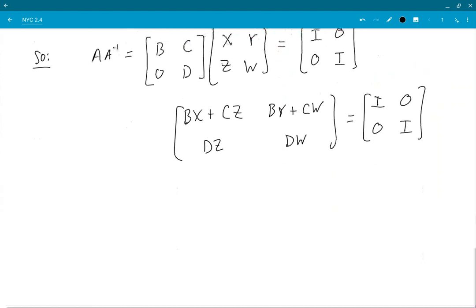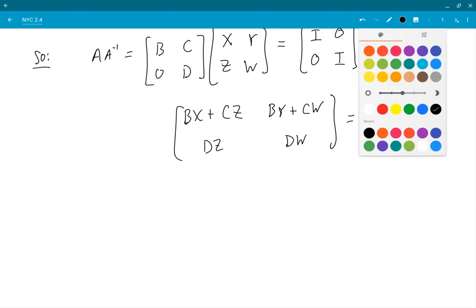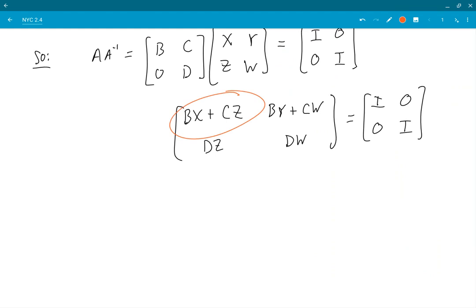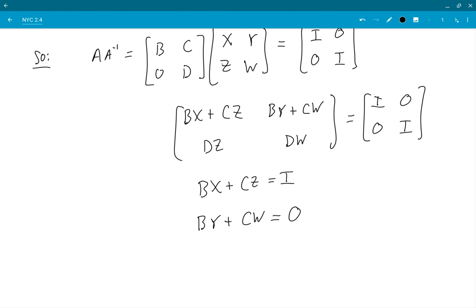So what do we extract from this? Well, we extract that this entry must be the same as this one, and so on and so forth. By plus Cw is equal to the zero matrix.